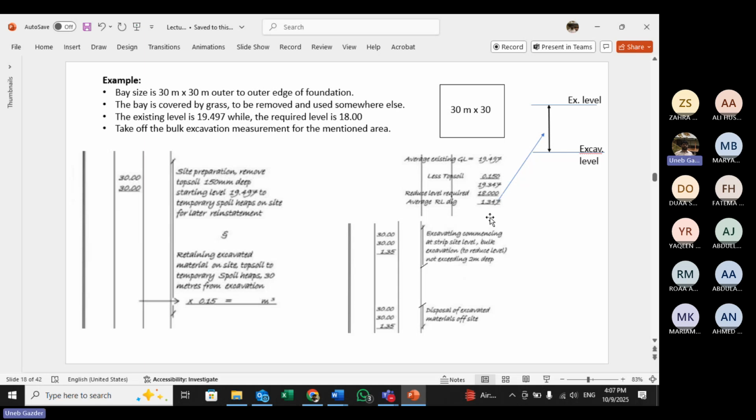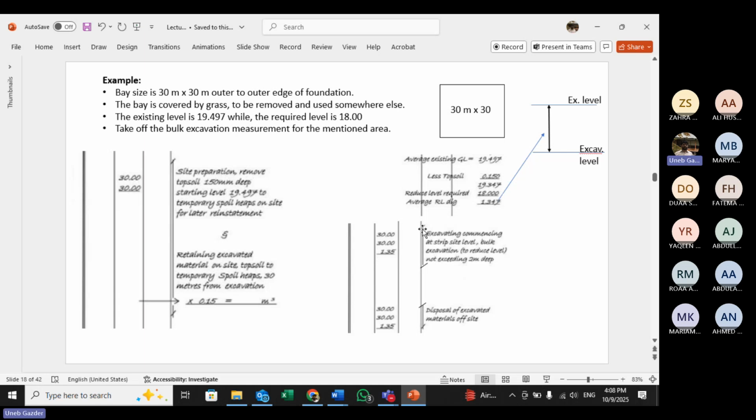So 1.347, from the ground level after the topsoil to the required reduced level. So this is the height for which I want to do bulk excavation. So area will remain the same. I told you earlier in the previous example that the area for topsoil removal and bulk excavation is the same. You can see it's the same because it's already up to the outer edge of the footing. And then you multiply with the height.